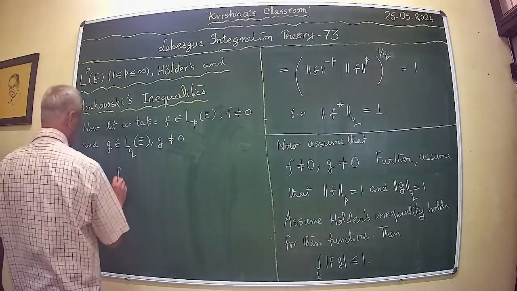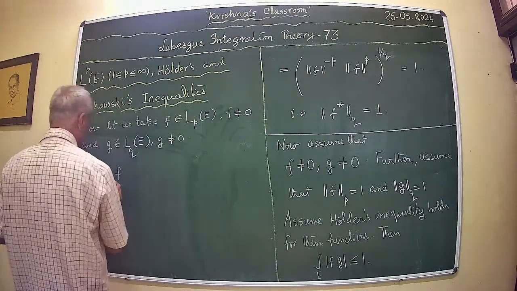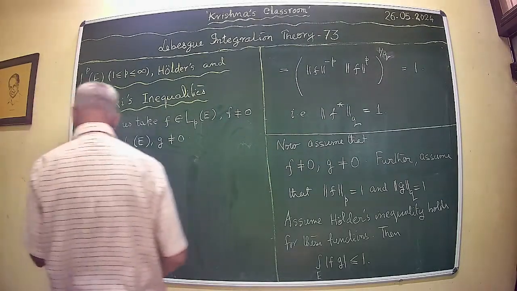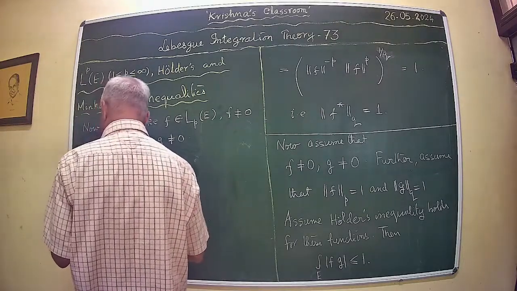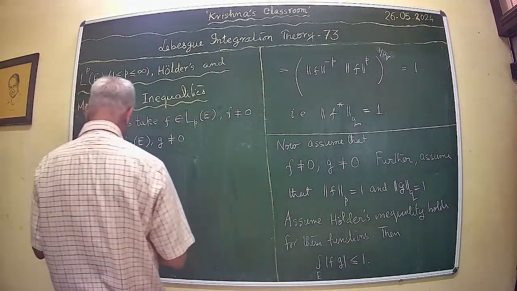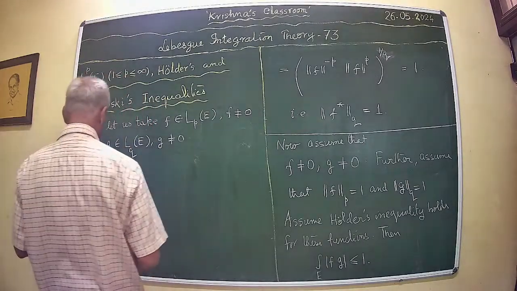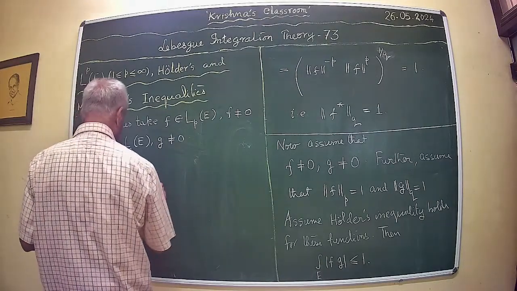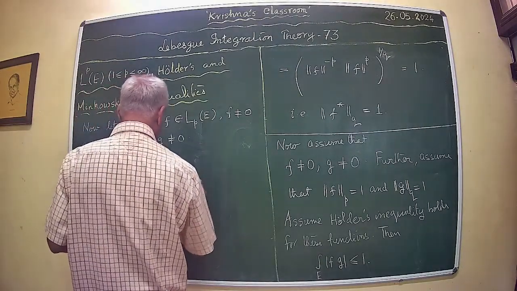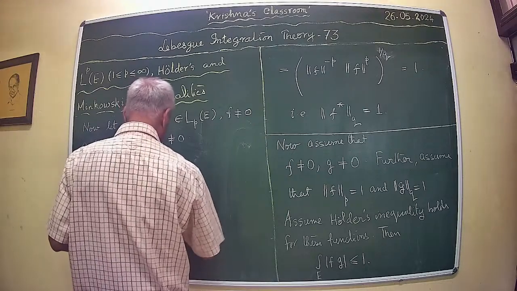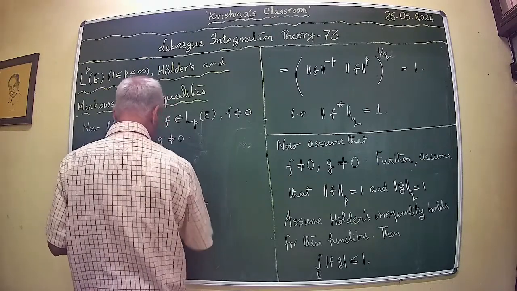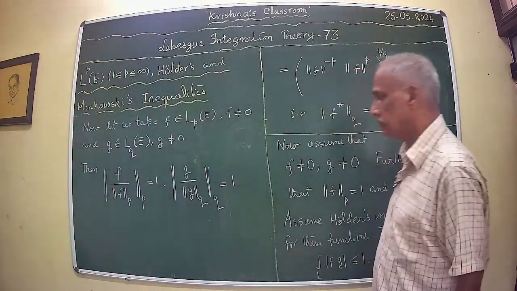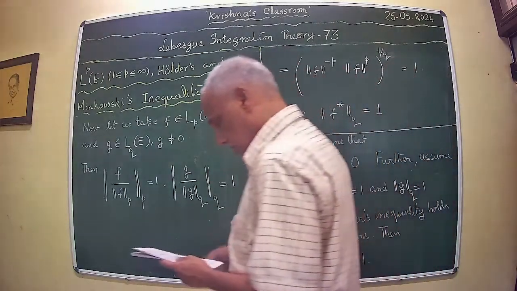Then f divided by the P norm of f has norm equal to 1, and g divided by the Q norm of g has norm equal to 1. I mean, they are easy to do. Okay. So, what is the outcome?